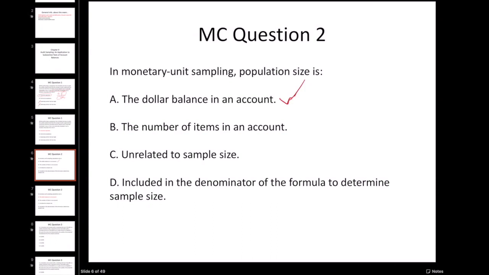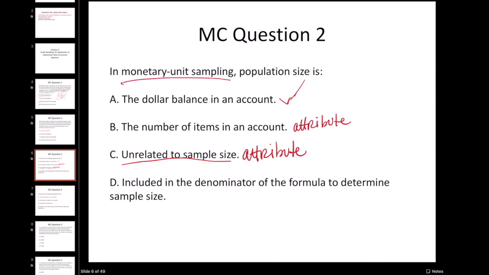B, the number of items in the account. This sounds like it is true of our old friend attribute sampling in chapter 8, but not monetary unit sampling. C, unrelated to sample size. Again, we think that's attribute sampling. That's true of attribute sampling, but not true of MUS.